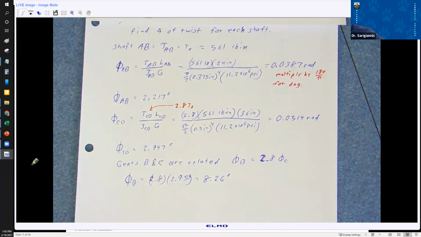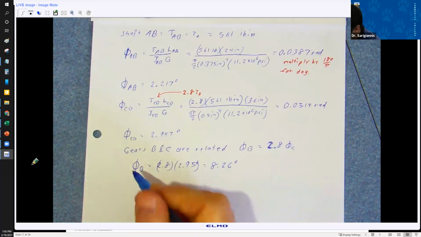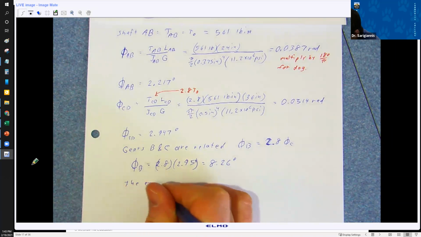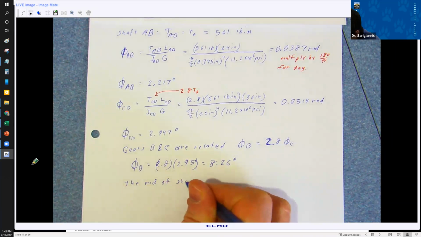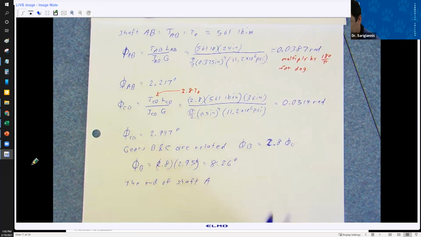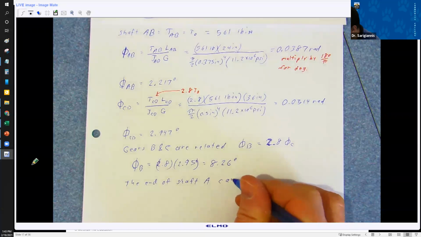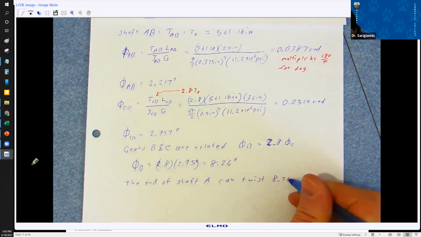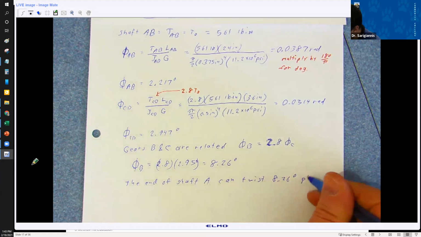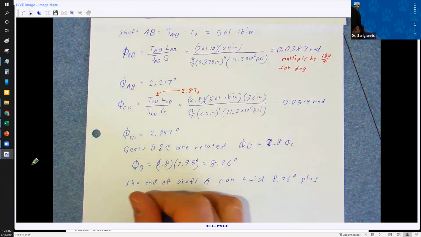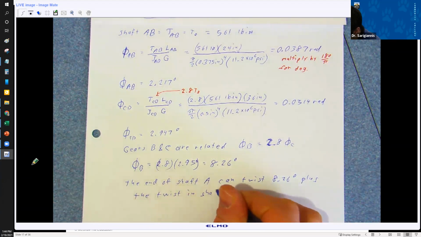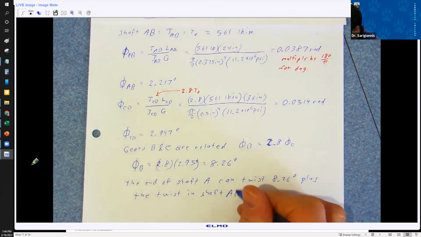All right. So what we're seeing here is the end of shaft A can twist 8.26 degrees plus the twist in shaft AB.